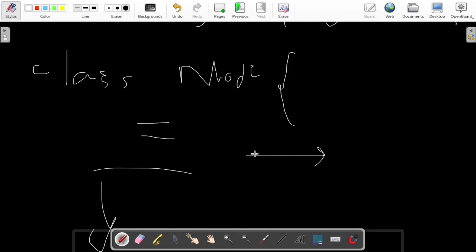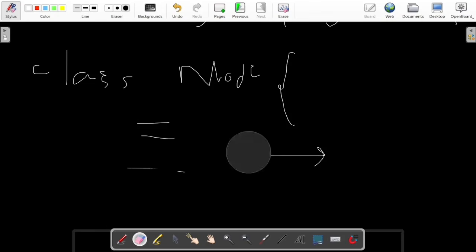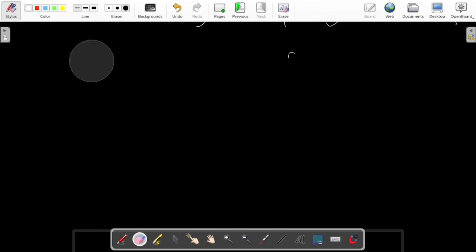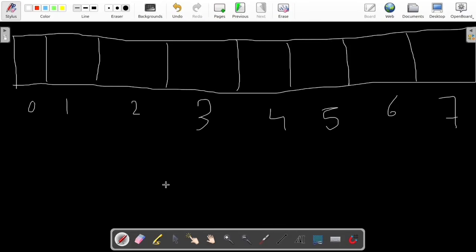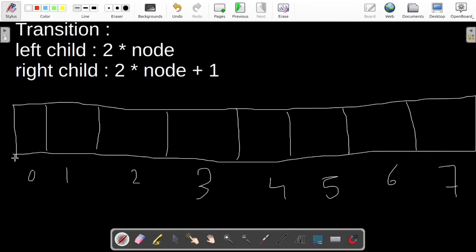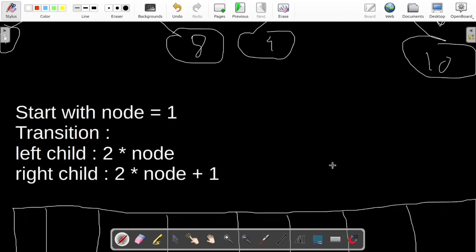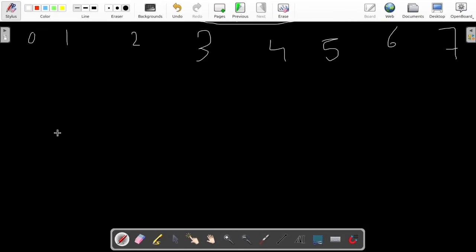So a lot of people will ask, are we going to implement these things in a segment tree? No, we will not implement the segment tree like this. We will construct the segment tree on a raw array. The reason is very simple. Whatever numerical functions you are dealing with, whether it may be addition, subtraction, division, multiplication, GCD, whatever it may be, their results are numeric.